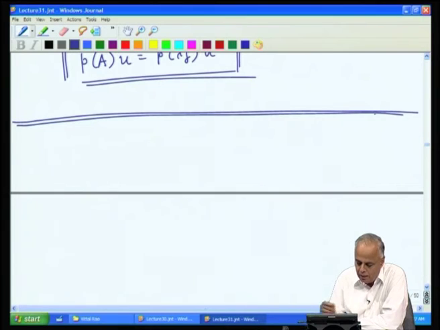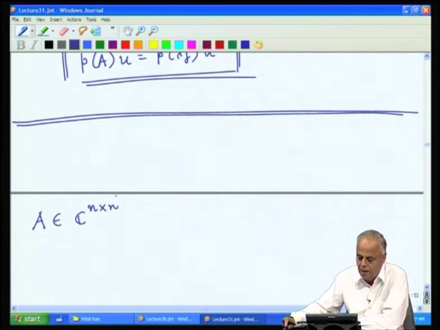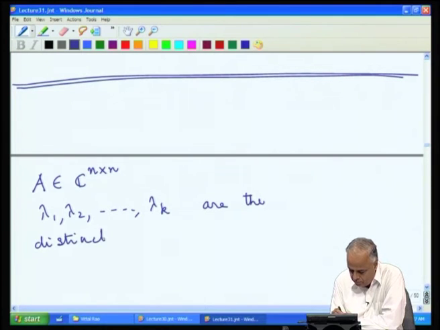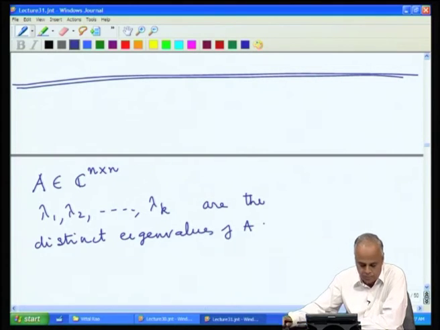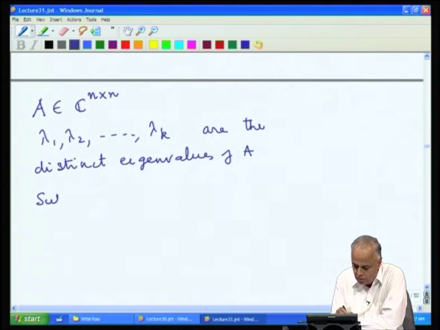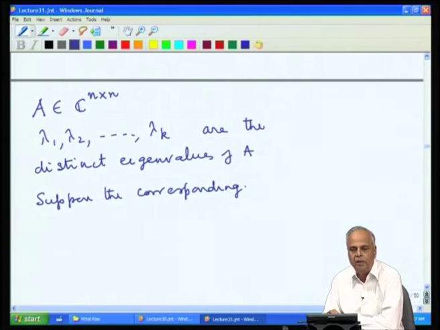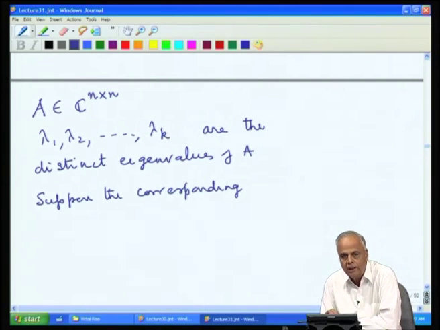Now let us look at a matrix A, and let us say lambda 1, lambda 2, lambda k are the distinct eigenvalues of A. The moment we have distinct eigenvalues, we have seen we can construct the corresponding Lagrange interpolation polynomials.